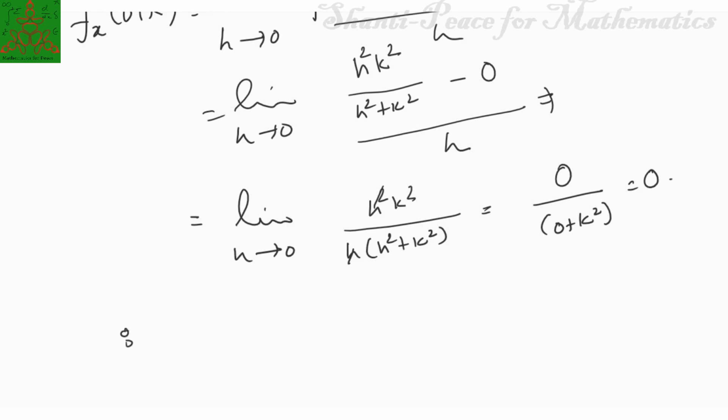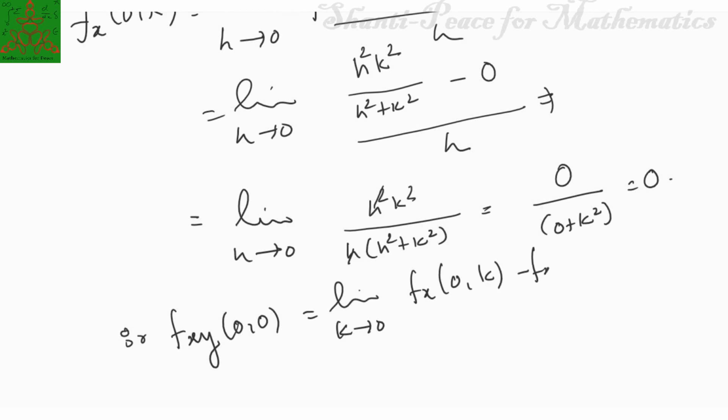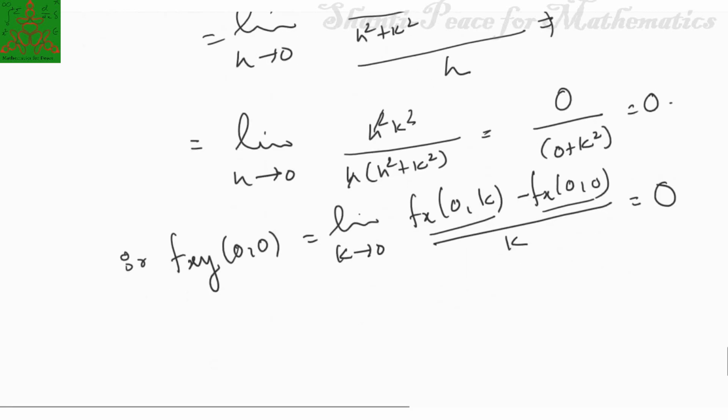So finally what we have is f_xy at (0, 0) is limit k tends to 0 of f_x at (0, k) minus f_x at (0, 0) upon k. This quantity we have calculated as 0, and this is also 0. So finally you will have 0 here.